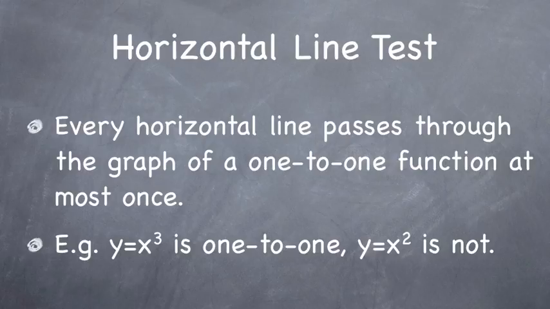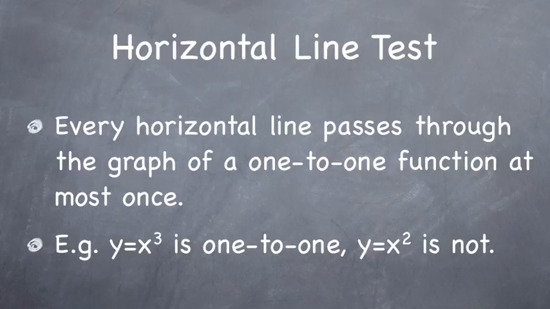However, if you think about our parabola, y equals x squared, we can draw several horizontal lines that pass through that graph twice. Two times is more than one time, so that means it is not a one-to-one function. There's some deep math there. 2 is bigger than 1. So y equals x squared is not one-to-one. It is a function, remember, but it is not one-to-one.